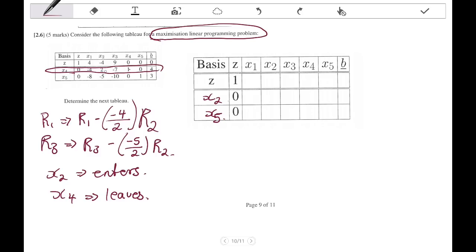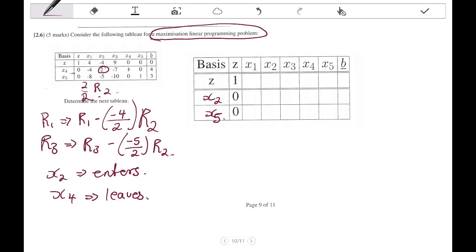Remember, we have to achieve 1 here. Sorry, I forgot. To achieve 1, you say 2 divided by 2 multiplied by row 2.